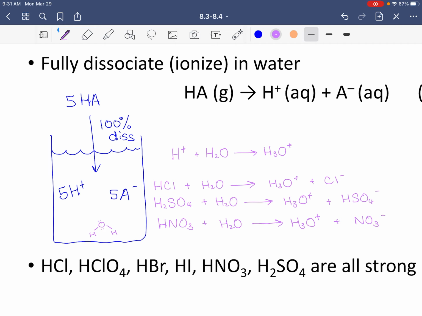These are all strong acids. What that means is that they all have 100% dissociation when they're in aqueous solution. That's the beauty, or not so beauty, of being a strong acid.